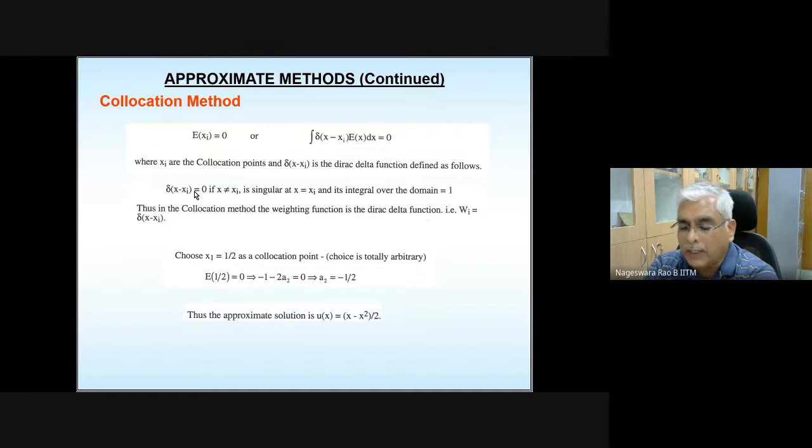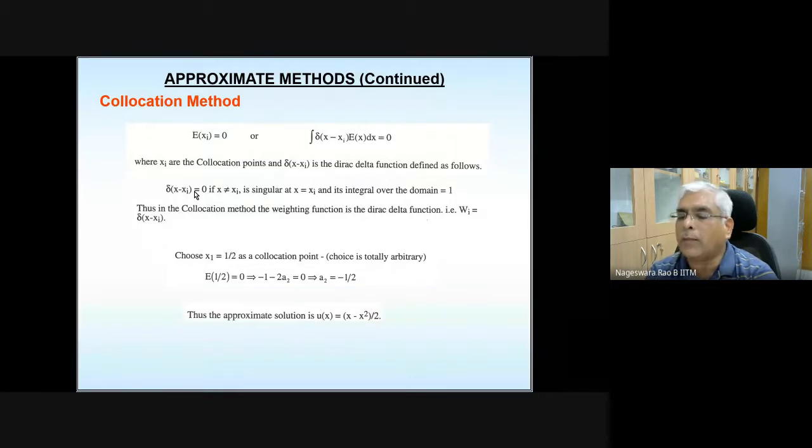So I'm telling you, if there are 50 students in the class, and all 50 start from the same trial solution and then solve using the least square weighted residual method, all 50 are supposed to get the same answer. Whereas in the collocation method, it depends on what collocation point you select. 50 students can select 50 different collocation points between 0 and 1.